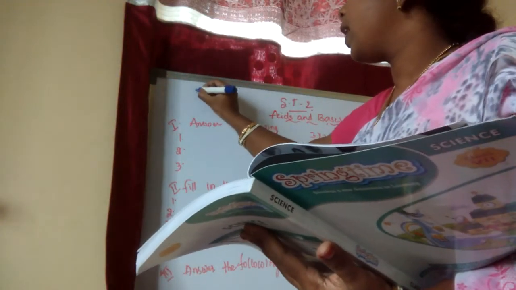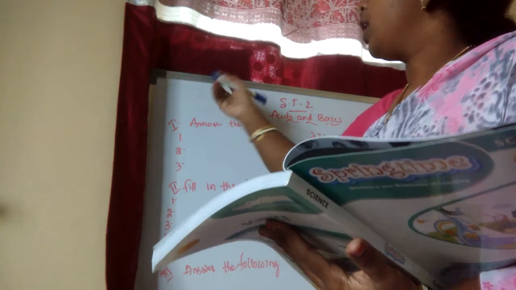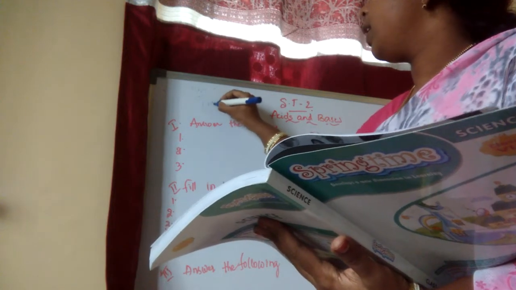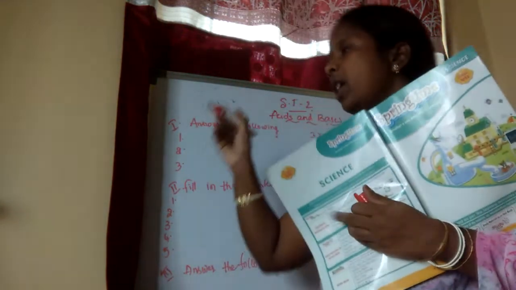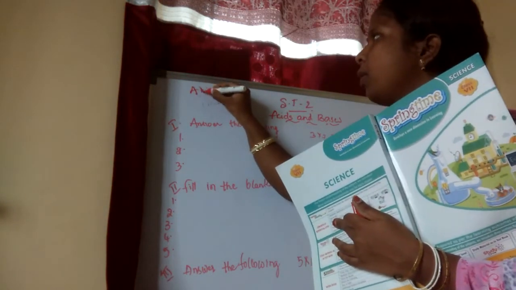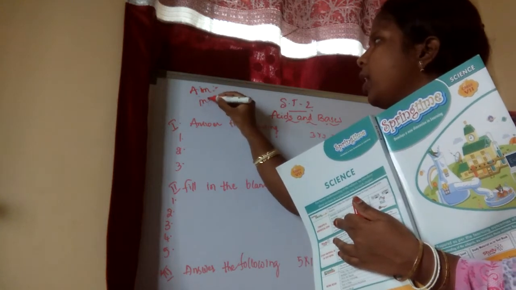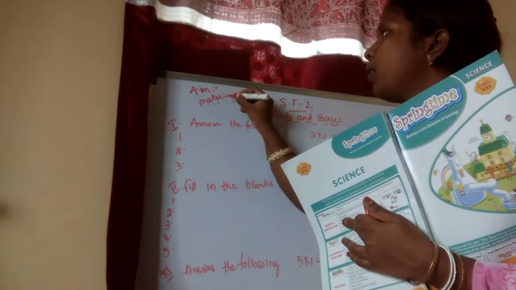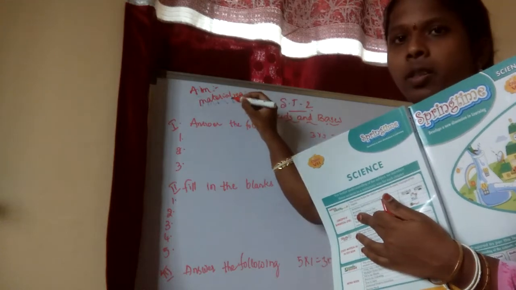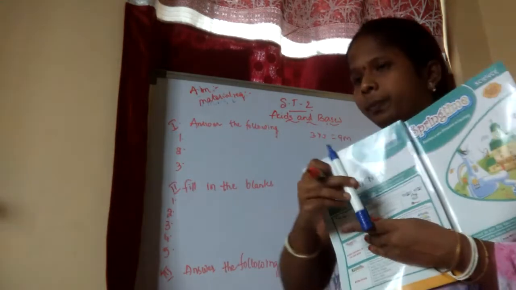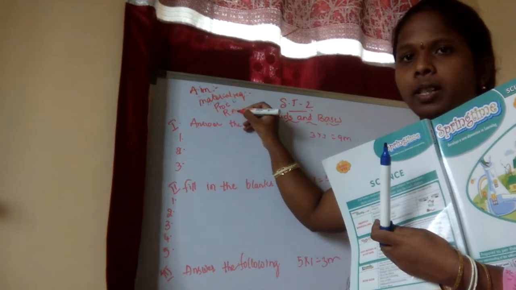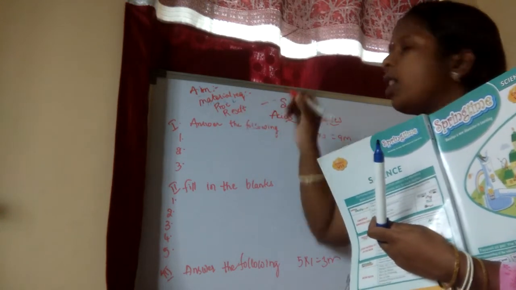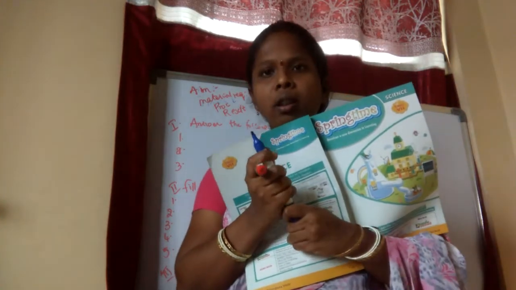First you have to write the aim, materials required, procedure, result, and on the left side I want the diagram.